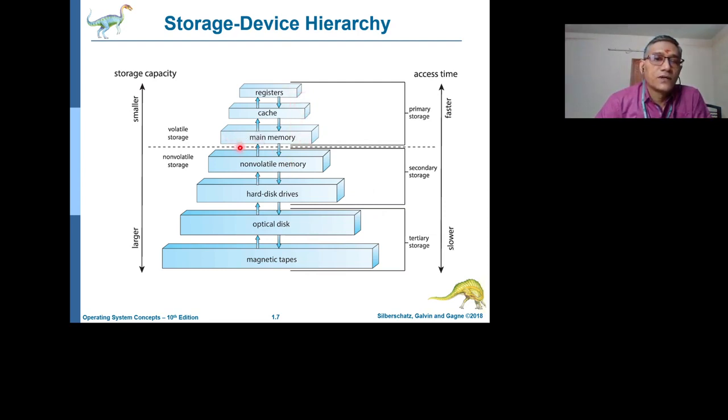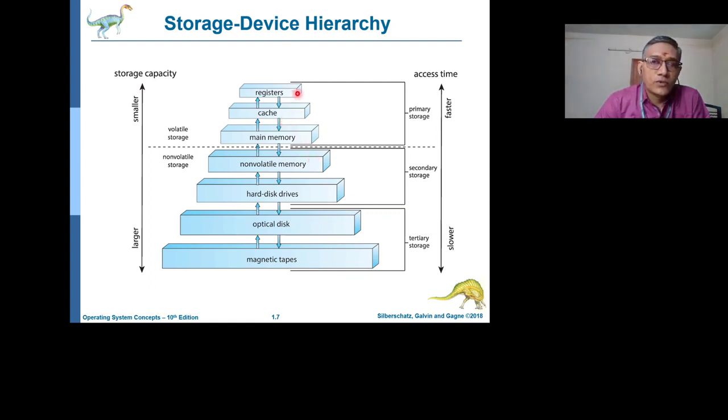Next, main memory is closer to the processor, but it is volatile in nature. All the remaining secondary storage devices are non-volatile in nature. In between the CPU and main memory, we have a cache memory. Here only one level has been shown in the diagram, but different levels of cache memory can be employed to improve performance further.